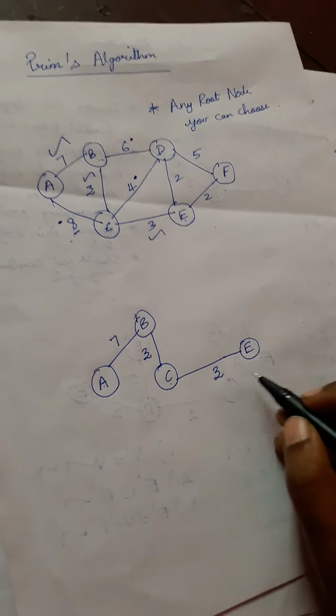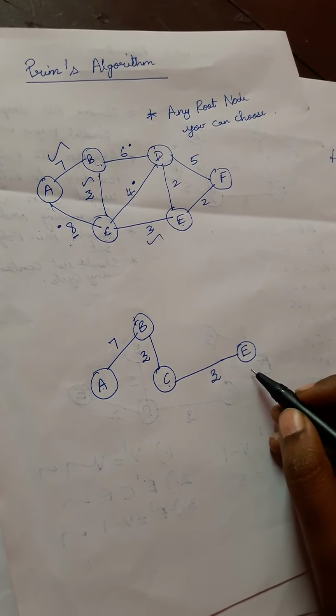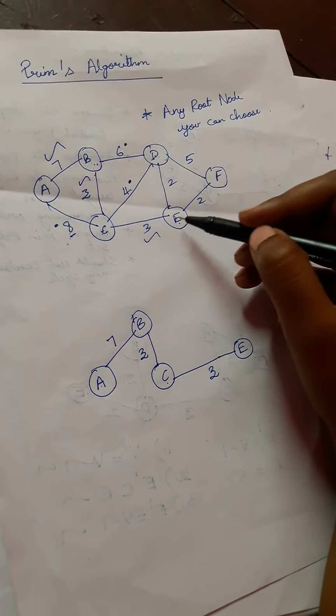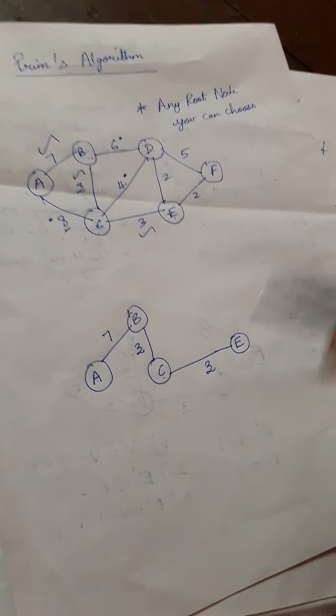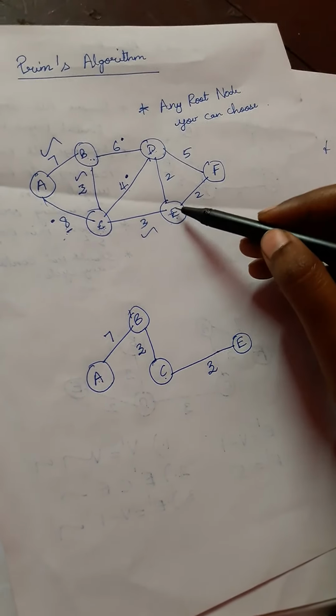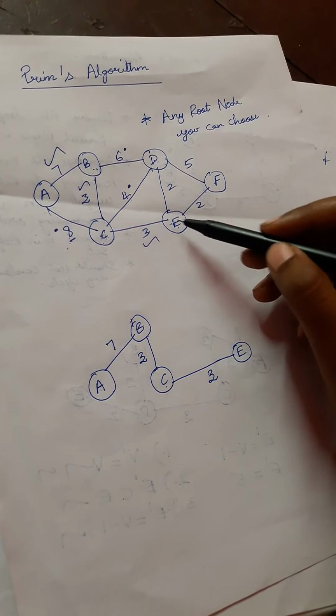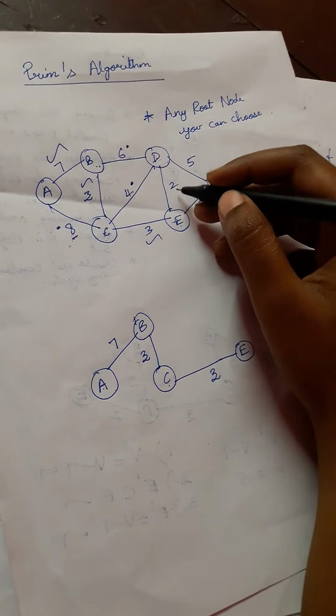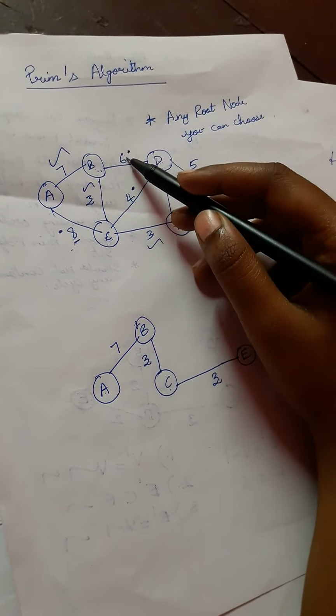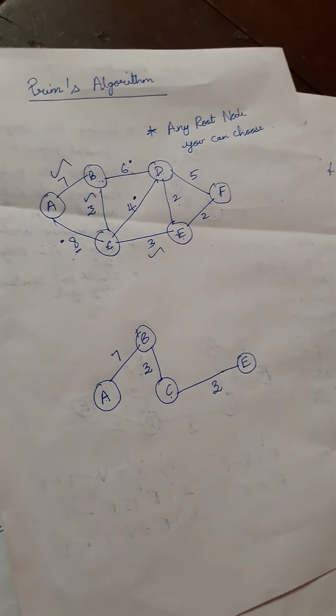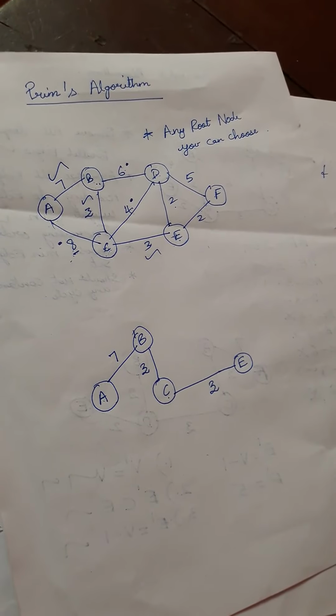From E, which places can I visit? E to D, E to F, E to C. C is already written, so I can't write it again. So E to F and E to D are there. Now all the routes we have to consider are 2, 2, 4, 6, 8. Which has the minimum number?